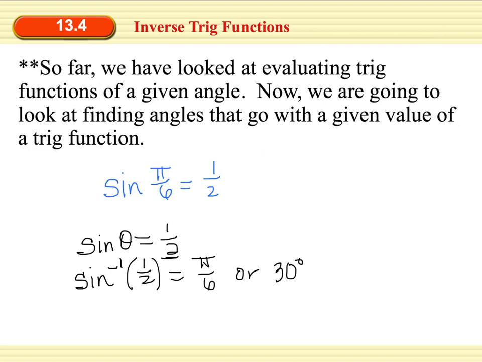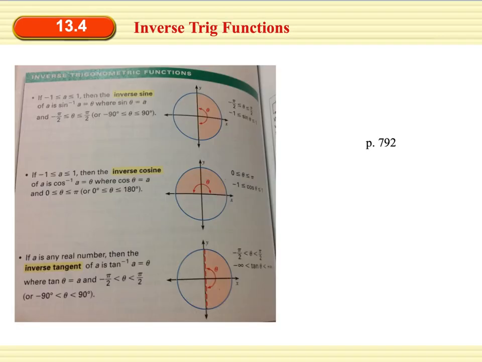And again, this is really good practice using those unit circle values, because this is something I would expect you to know. Now in your textbook, on page 792, you're given this little table. For Algebra 2, all you have to do is know how to use this table. When you get into pre-calc, we'll go into more detail as to why these values fall where they do.